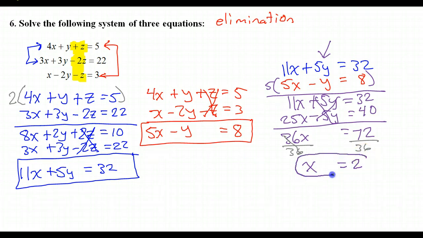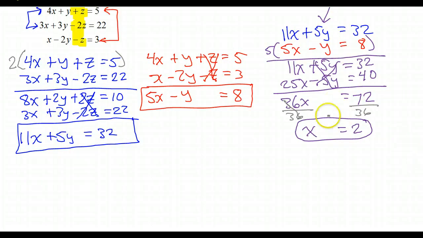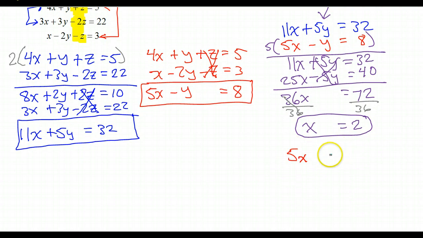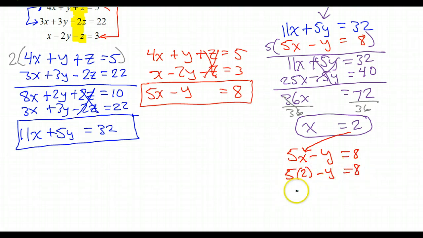Alright, so we have our first value. We need x, y, and z. So far we do have x. I can use this to find y right now. If I go back to one of these equations, I'm going to use the red one. It just looks a little simpler to me. So we have 5x minus y is equal to 8. If I take this 2 and put it in, this becomes 5 times 2 minus y is equal to 8.